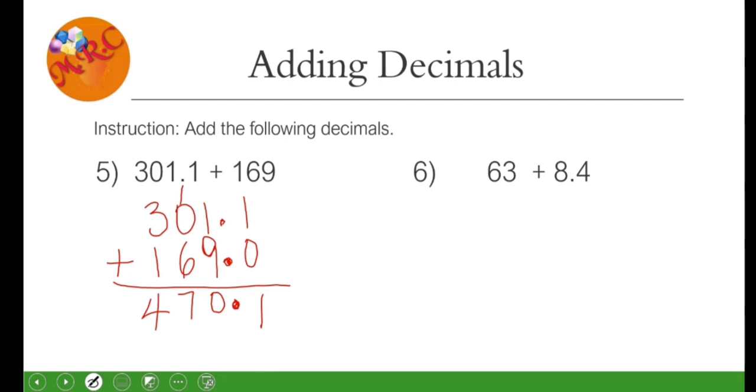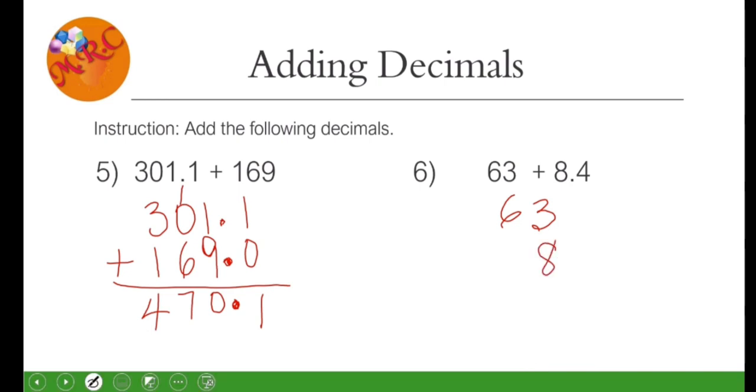So for this one, we're going to do the same alignment. So we're going to write down our first number, which is 63. Good. Right, and then we're going to write down our next number, which is 8.4. So we notice that our 8 is in the ones position, right? So it's going to fall right under the 3.